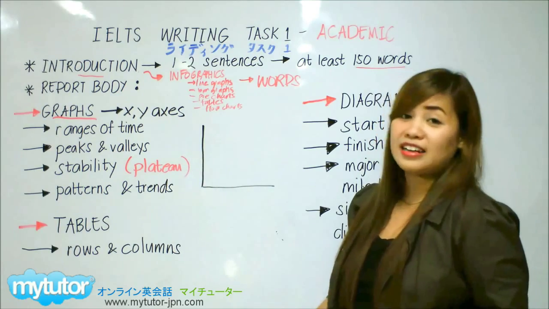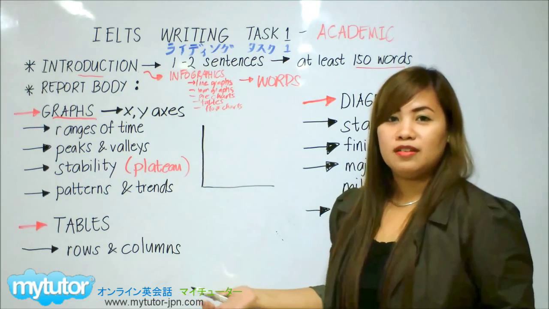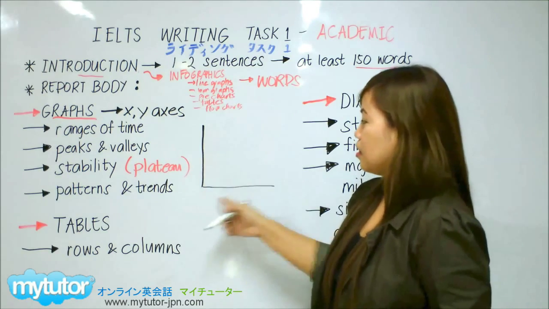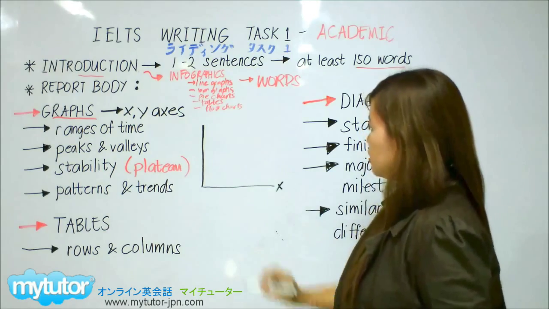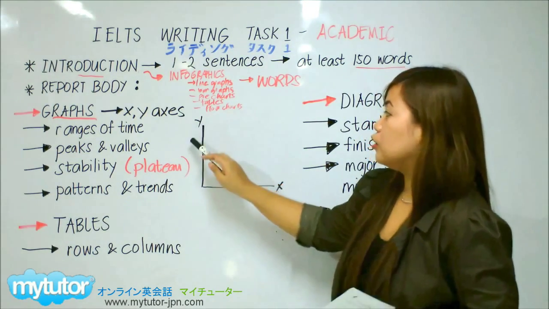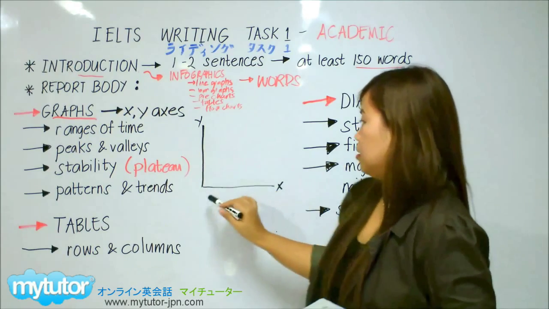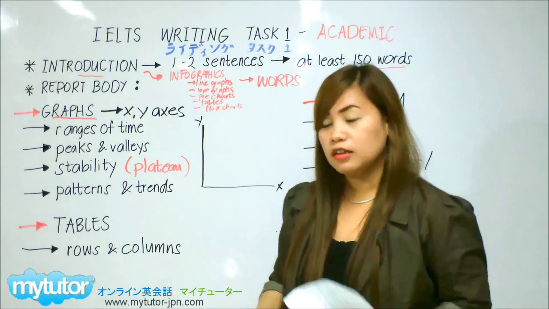this is our XY axis. We've also learned this in the previous video, how this looks. So this is our x-axis and we call this our y-axis. So we have to know the information on the x-axis and the y-axis. You have to look into that.